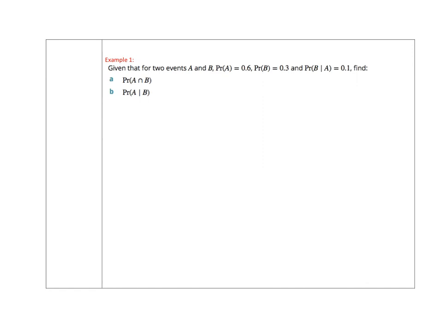So here we've got quite a routine problem. It says, given the two events A and B, the probability of A is equal to 0.6. So we might just make a note of that. That's one of the pieces of information we have. The other being that the probability of B equals 0.3, and the probability of B given A is 0.1.